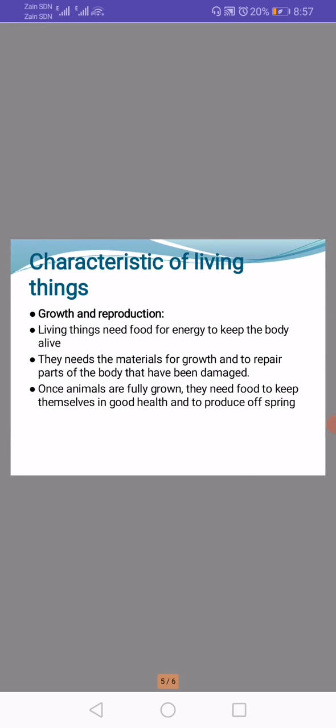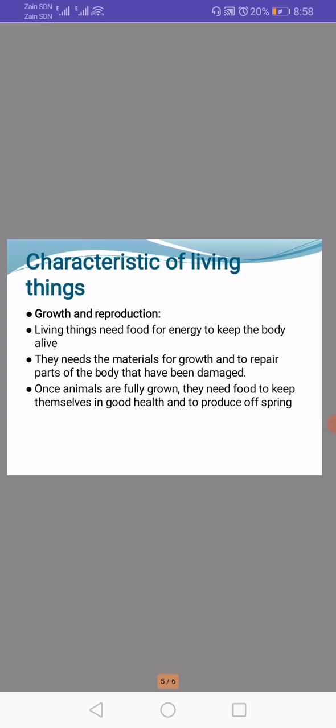The fifth and sixth characteristic of living things is growth and reproduction. Living things need food for energy to keep the body alive. They need the materials for growth and to repair parts of the body that have been damaged.